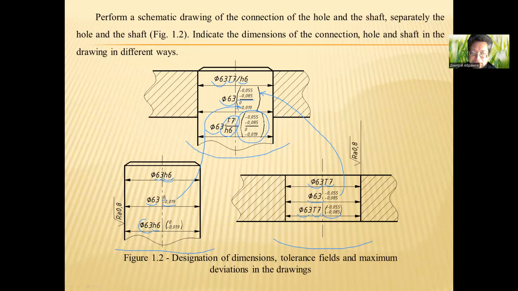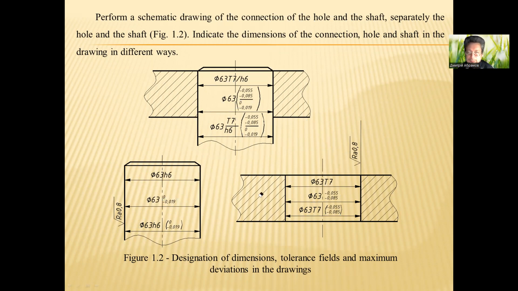Above the line parameters for the hole, under the line parameters for the shaft. Please write down to your notes all these schemes, all this drawing. You have the time. Do it, please.